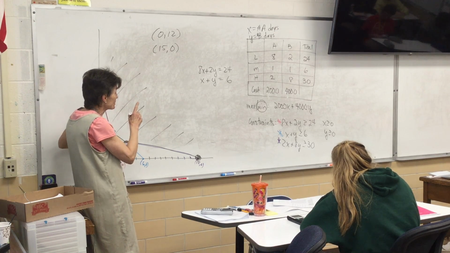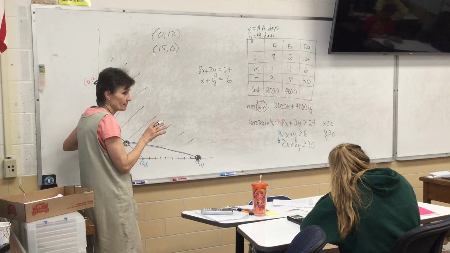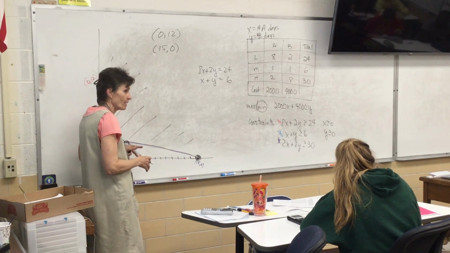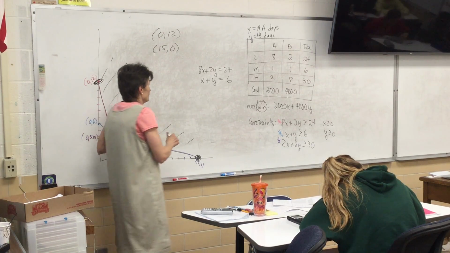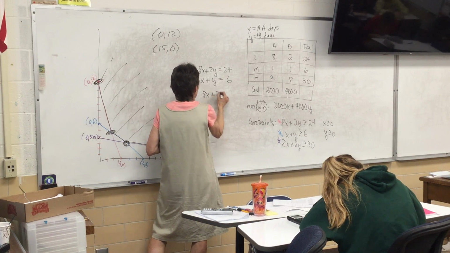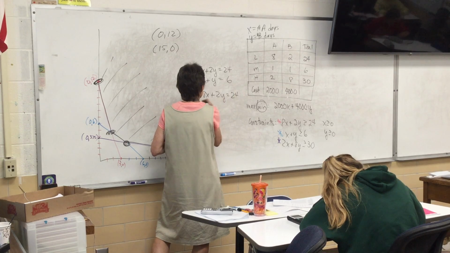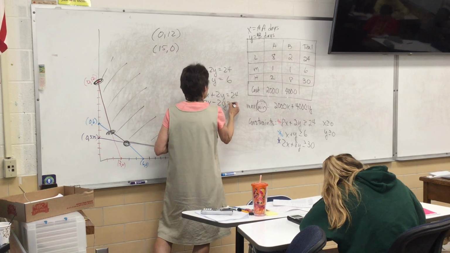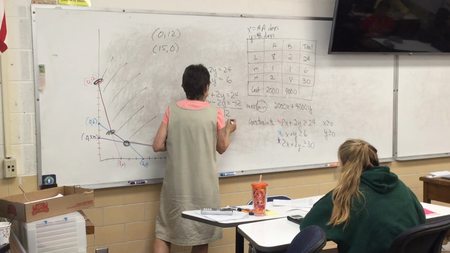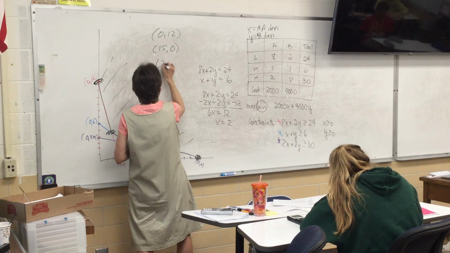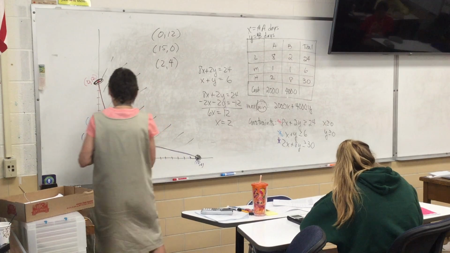So you can substitute, or you can eliminate, or you can do Cramer's rule. It makes no difference. I don't need to tell you what I'm gonna do, because you already know. But you don't have to do this. I got x is 2, and y is 4.